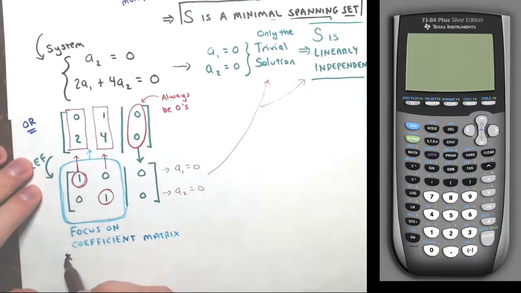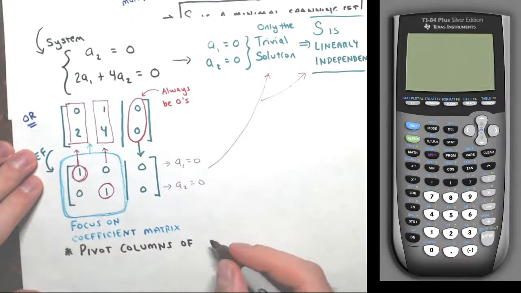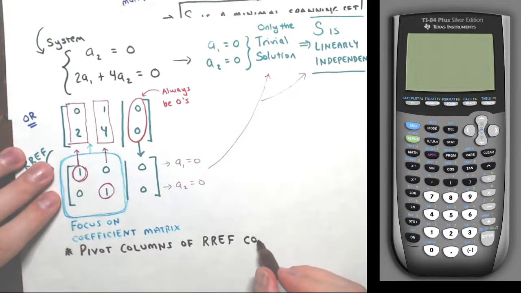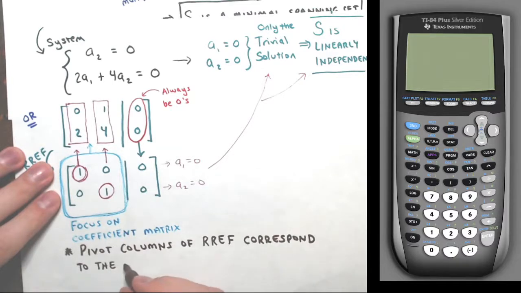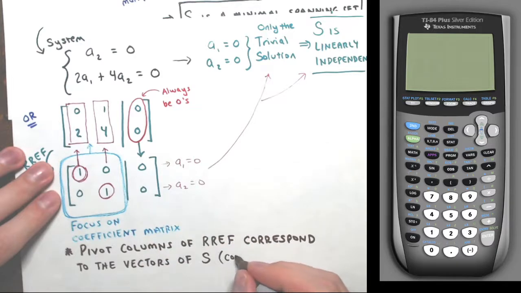So we're going to notice here that the pivot columns of the reduced row echelon form matrix will correspond to the vectors of S that are independent, which are going to be the same columns of the coefficient matrix.